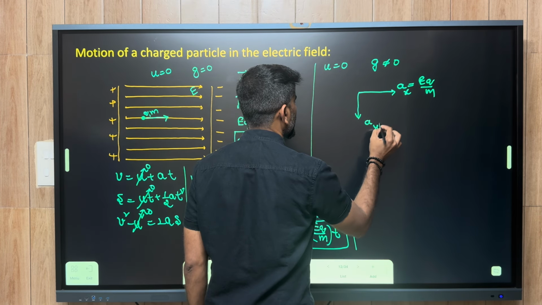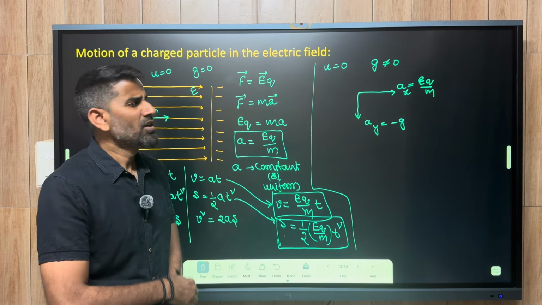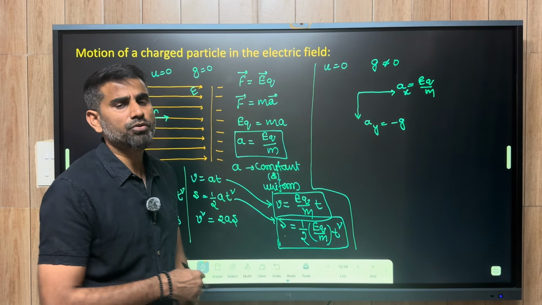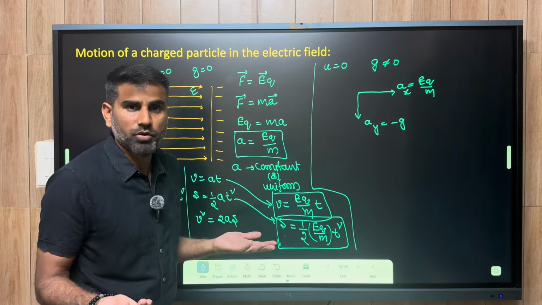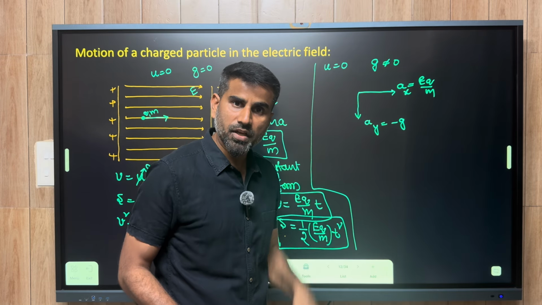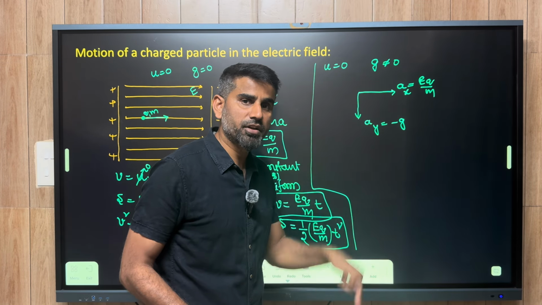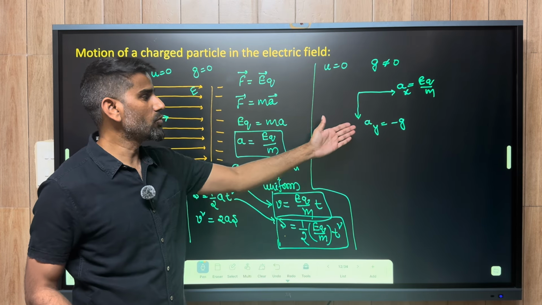This I can consider ay is equal to minus g. You can even consider it as plus g if you consider the downward direction as positive. It depends on the sign convention that you consider. Okay, so ay is equal to minus g. I have considered upward as positive, downward as negative. As the g value is pointed in the downward direction, I have considered the negative sign for the g value.